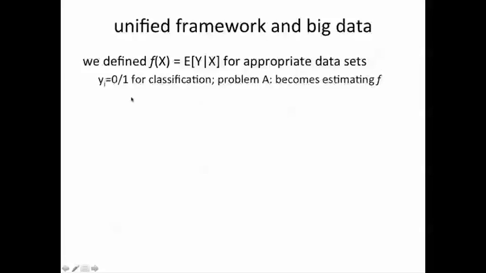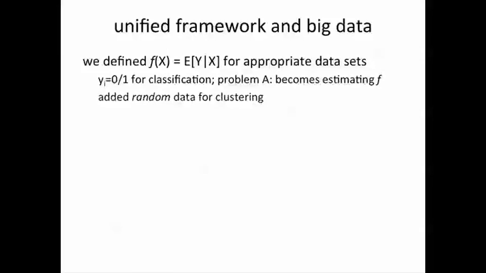For example, for the classification case, the output variable is 0, 1, and the problem becomes estimating this function or estimating where the values of this function will be less than a half or more than a half to decide the decision boundary.